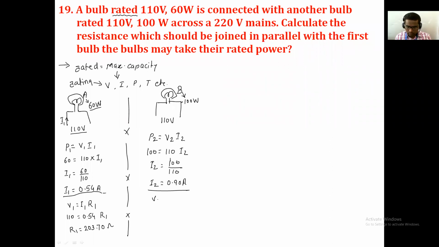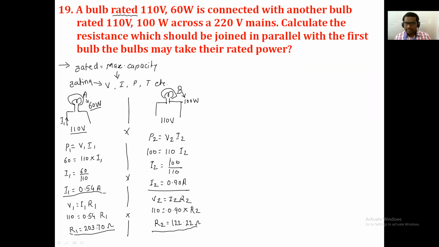Similarly, we can calculate V2 is equal to I2 into R2. So that V2 is 110, which is equal to 0.90 multiplied by R2. So that R2 is equal to 122.22 ohm.